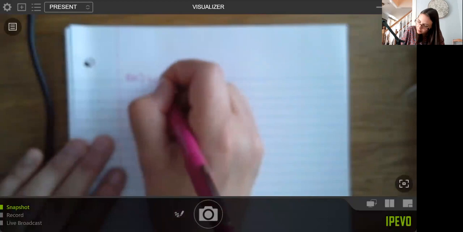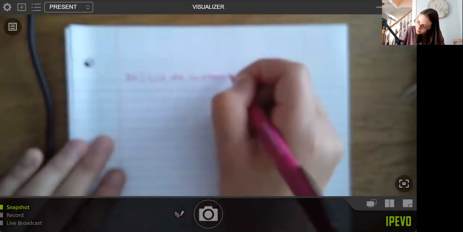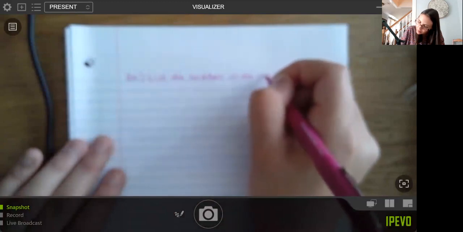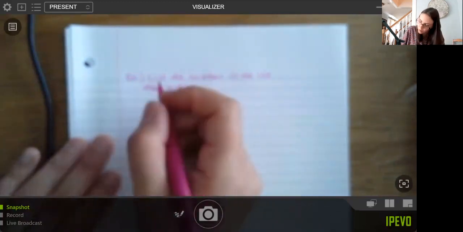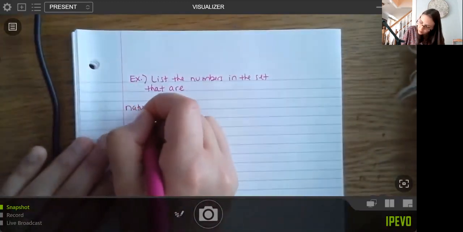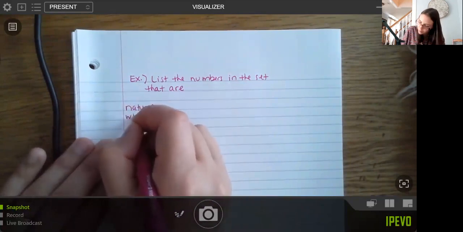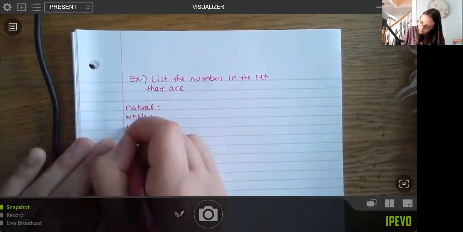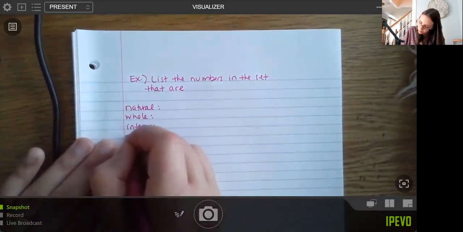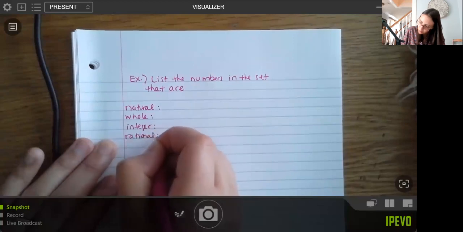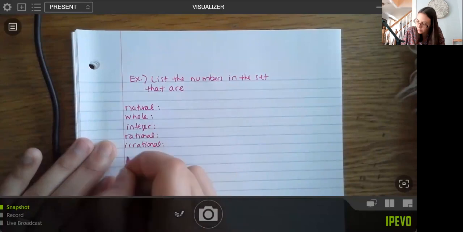We're going to list the numbers in the set that are, so I want to do our natural numbers, whole numbers, integer, rational, irrational, and real.